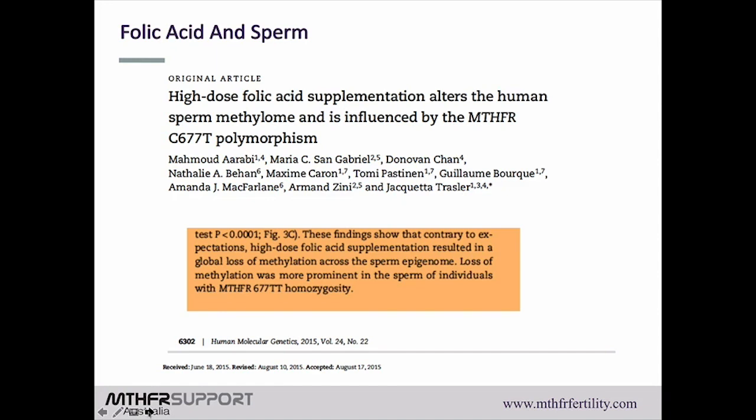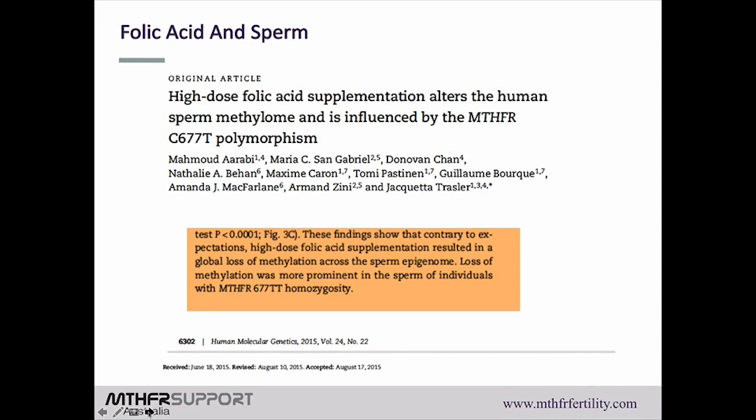And this study said that contrary to expectations, high-dose folic acid supplementation resulted in a global loss of methylation. So in other words, what we need to happen to ensure good DNA and good sperm motility and production and everything else, we've got to have methylation. But folic acid actually reduces it.